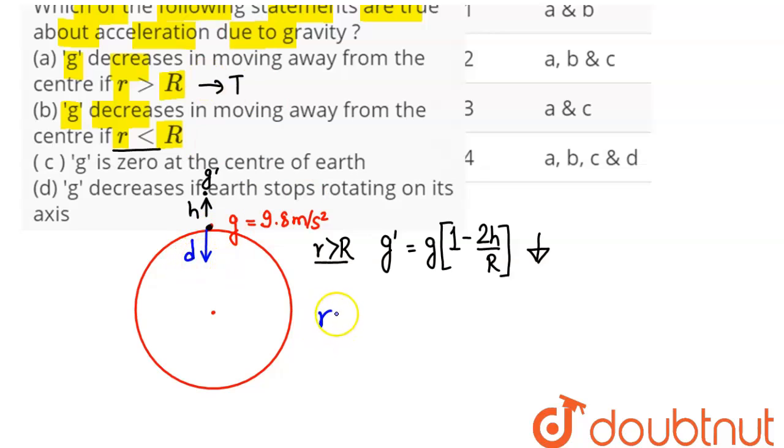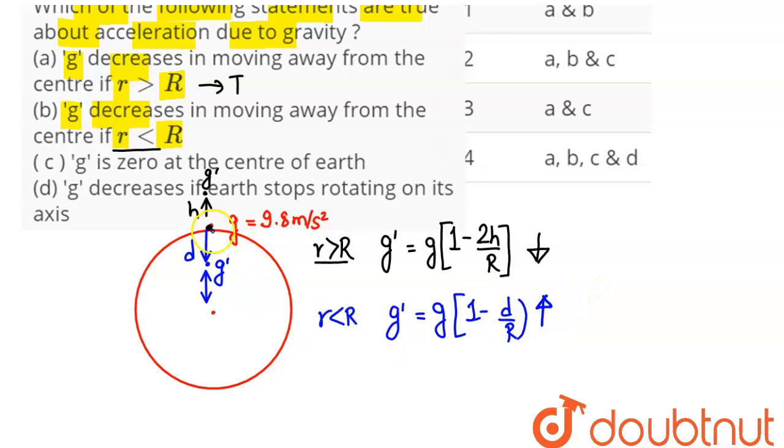So for this part r less than R, the value of g dash at depth d can be written in similar manner as 1 minus d upon R. So at this point, where this is our small r, as we move away, that is we are moving towards the surface, the value of g dash tends to increase.